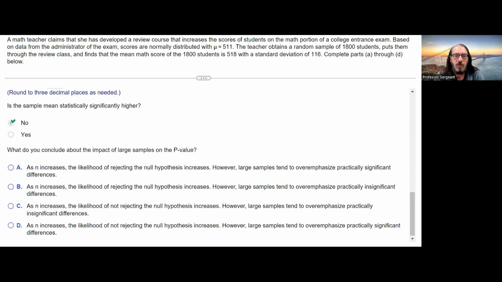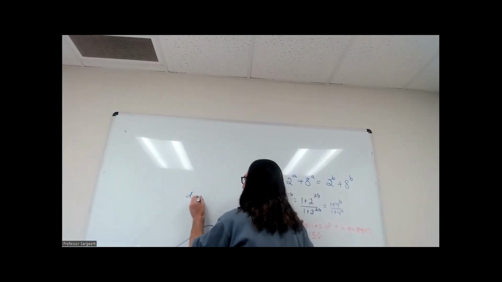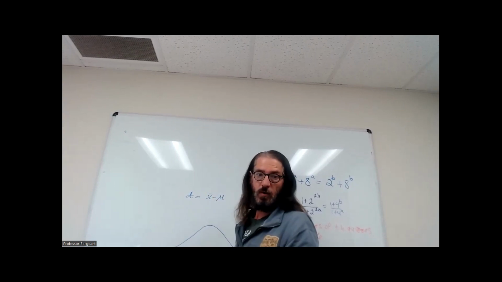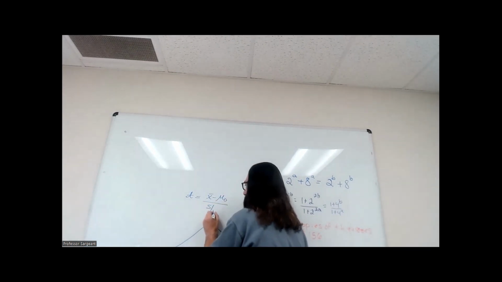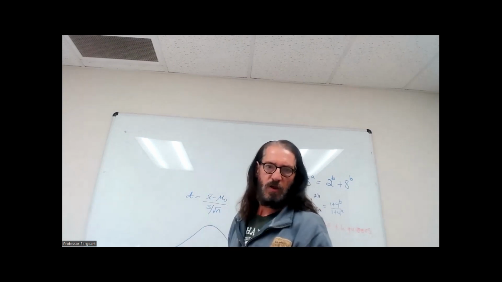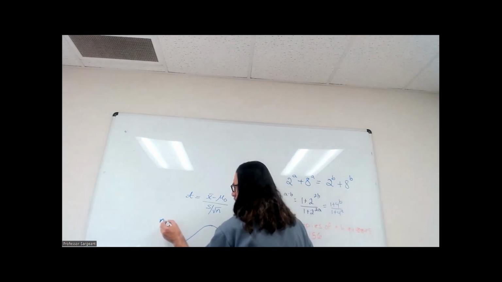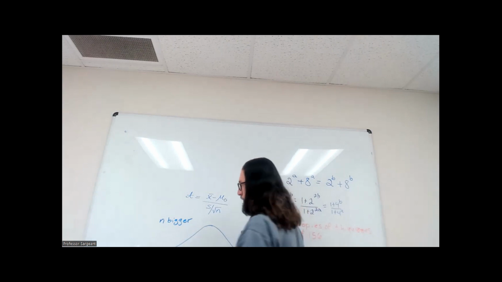So before we take a look at this, let me show something on the board. We have that t is equal to X bar minus mu, or you could write mu sub 0 for the claimed mean in the null hypothesis, all that over the mini fraction s over square root of n. As n gets bigger, square root of n is also going to get bigger.